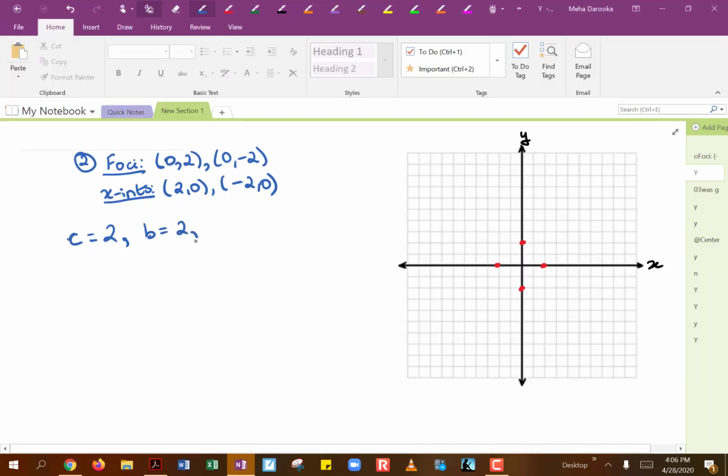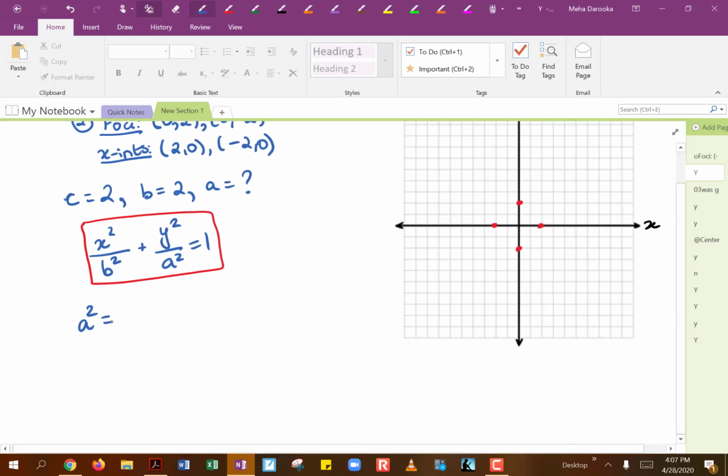So b is going to be positive 2, and again, we need to find the missing a variable. And since this is an ellipse centered at 0, 0 with a vertical major axis, our equation is going to be x squared over b squared plus y squared over a squared equals 1. And again, the larger denominator is going to be a squared over here.